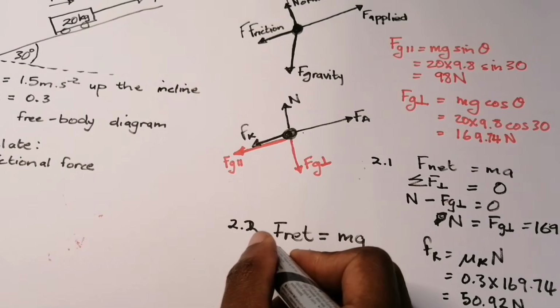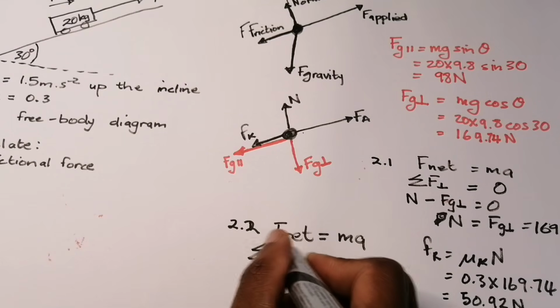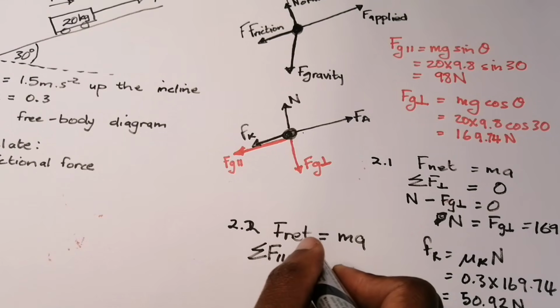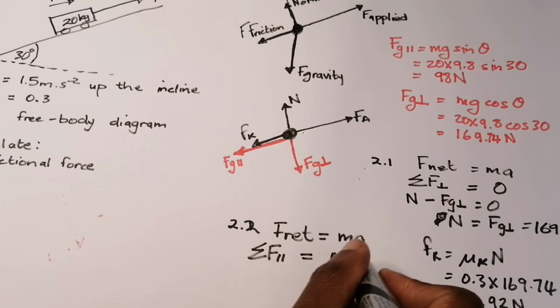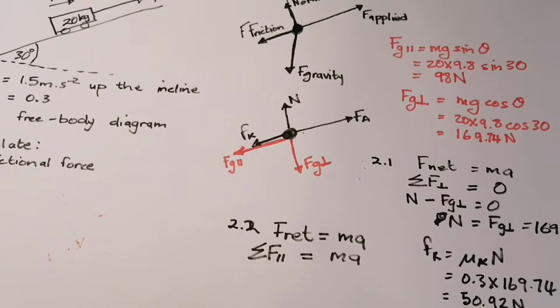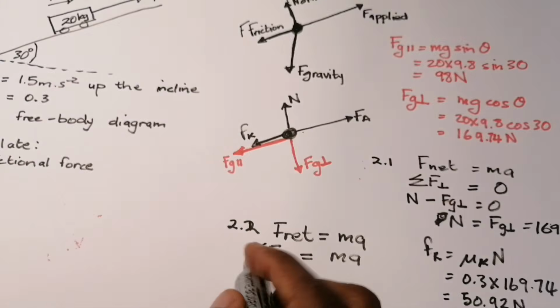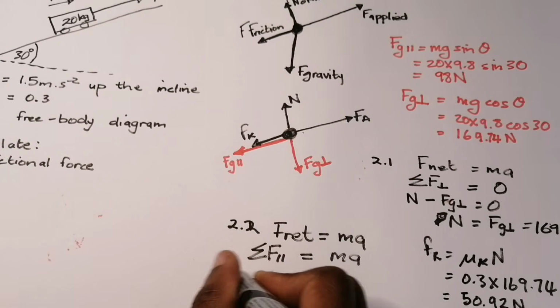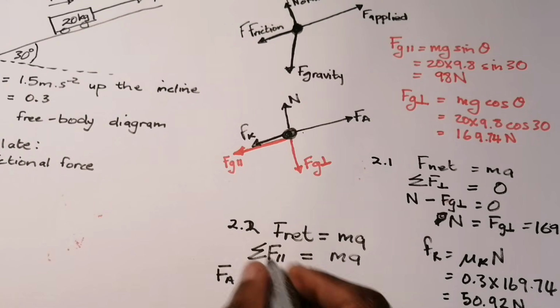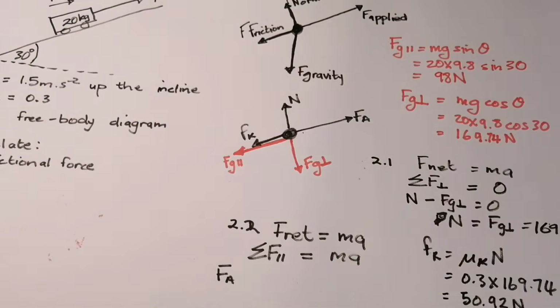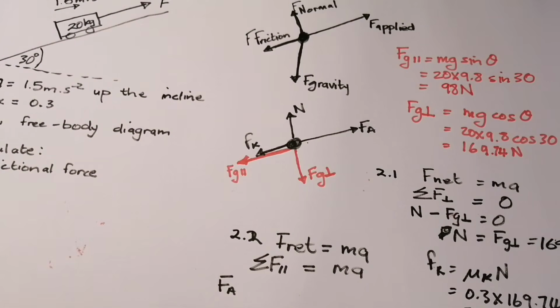As a result, I'm going to take the sum of forces that are parallel to the incline, and this is equal to ma. The sum of forces that are parallel is going to be force applied. I'm going to take the direction of motion, up the incline, as positive.